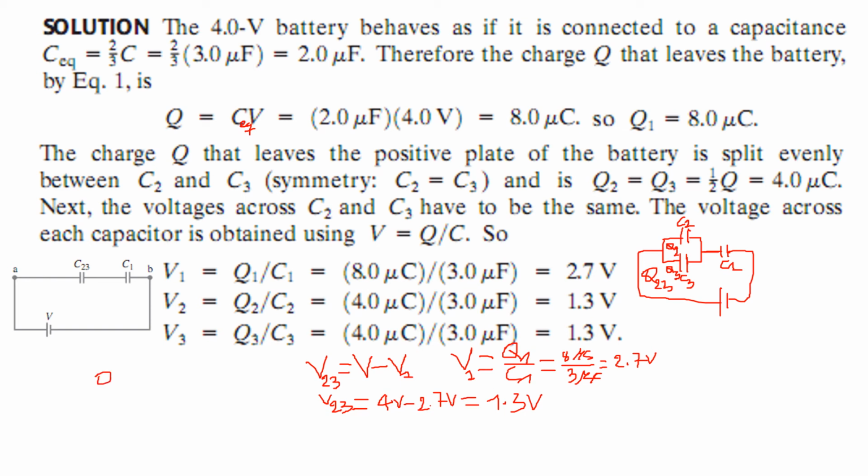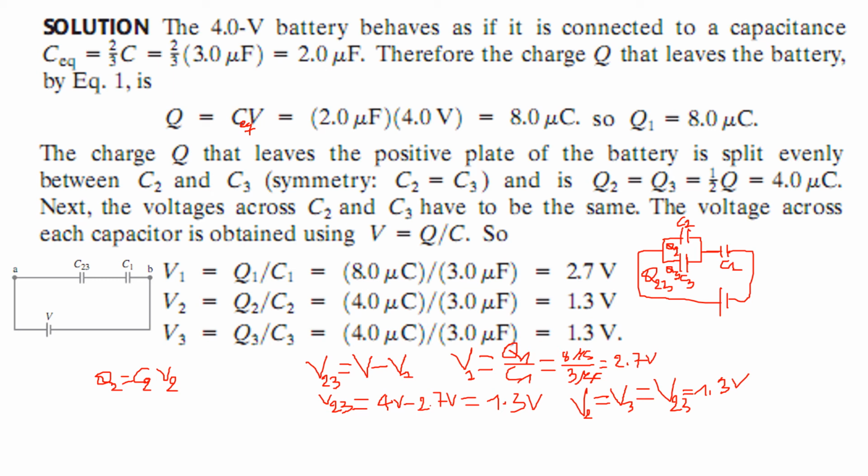The charge Q2 is equal to capacitance 2 times voltage 2. This is because voltage 2 is equal to the voltage across the third capacitor, which is the same voltage across the parallel connection, because in a parallel connection the voltage is the same, equal to 1.3 volts according to our calculation.